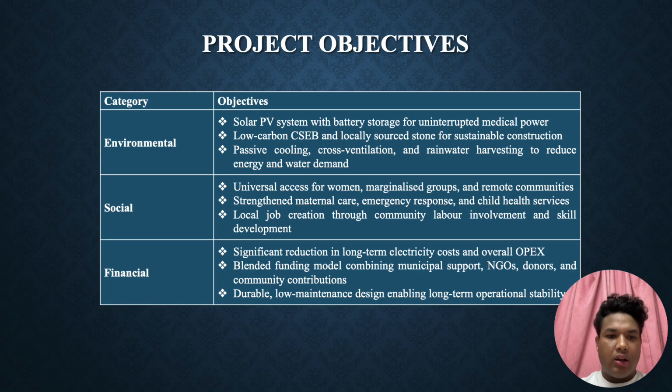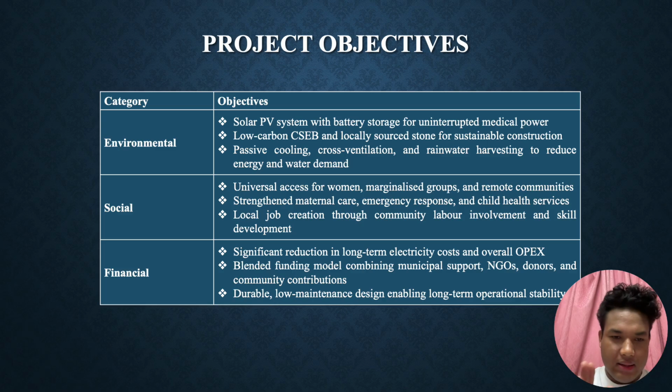Talking about the social objectives, the project focuses on inclusive access for women, marginalized groups, and remote communities. It aims to strengthen maternal care, emergency treatment, and child health services. The project also supports local job creation by involving community labor and providing skill development opportunities.